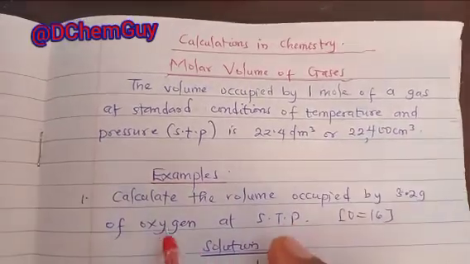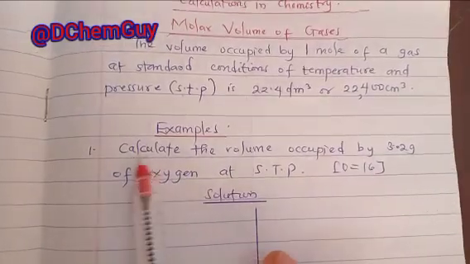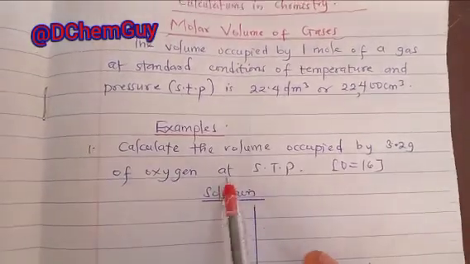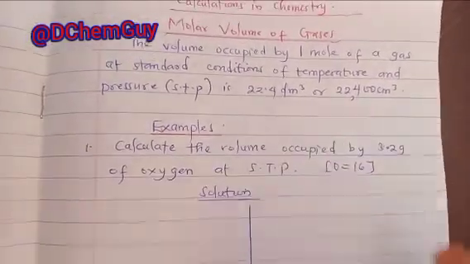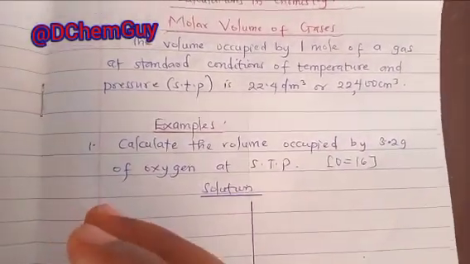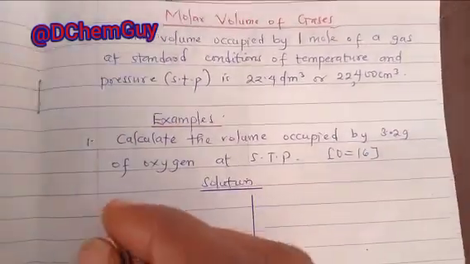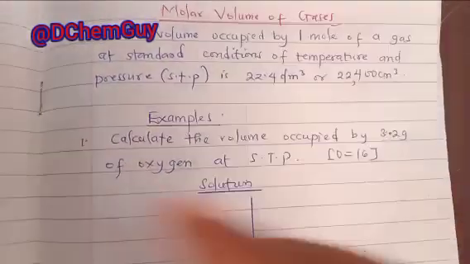All right, let's look at a few examples. Number one, calculate the volume occupied by 3.2 gram of oxygen at STP, given that oxygen equals 16. The first thing is to know that oxygen gas is a diatomic molecule, so we represent oxygen as O2. Let's calculate the molar mass of oxygen.